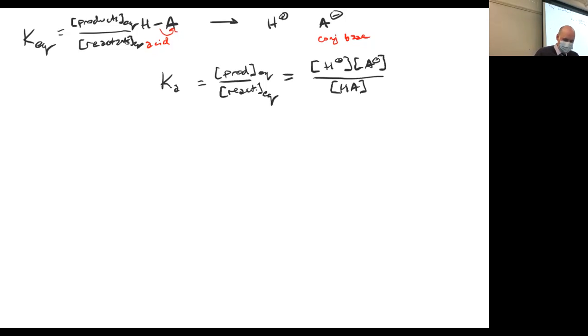All right, so for a reaction that likes to go towards products, like let's say HCl goes to H plus and Cl minus, this reaction is a strong acid, so it is going down in energy. If this reaction is going down in energy, what can you tell me about the Ka? In other words, what can you tell me about concentrations of products compared to reactants at equilibrium?